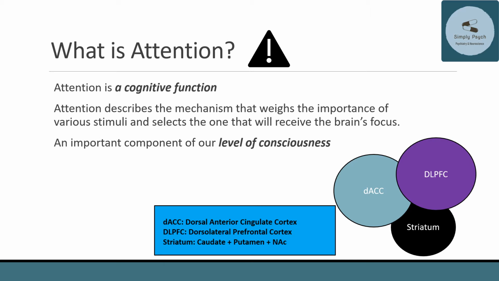And we think of it as a component of our level of consciousness. I think this may be a little outdated, but there are many different ways to think of consciousness, and there are evolving models.